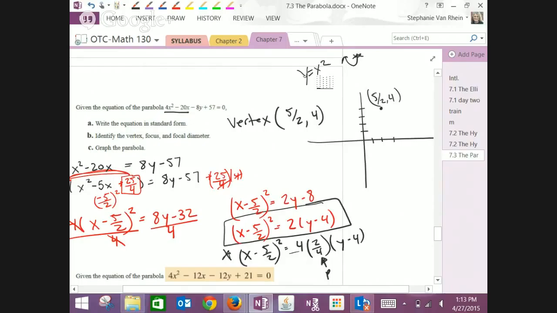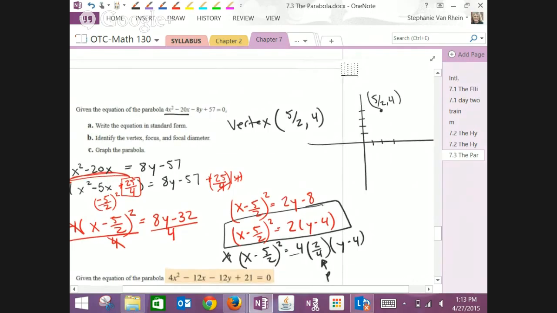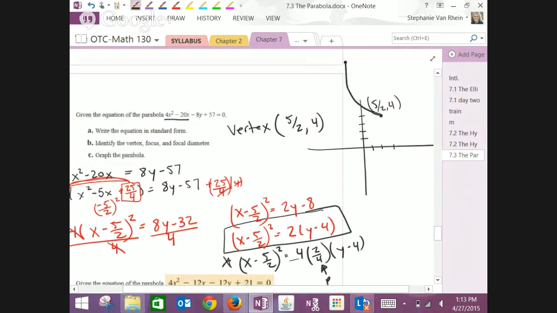You guys remember that? So if the x is squared, it's opening up or down, depending on the coefficient in front of the y. Right? You guys convinced that? So this is my vertex. I'm opening upward. So my x values on this line are all going to be 5 over 2.